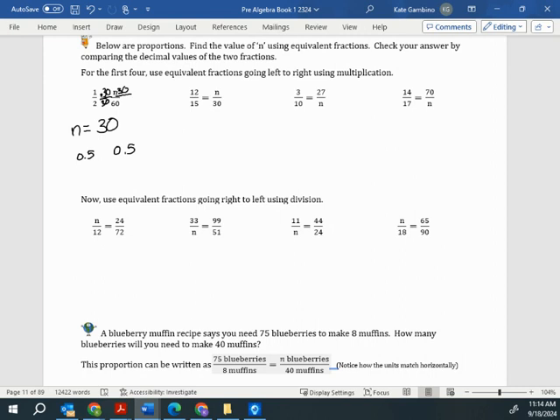It is crazy numbers that we cannot figure out going from the left to the right. Here's what you do. You go backwards. So if we were multiplying going this direction, what are we going to do if we go backwards? What's the opposite of multiplying, Camilla? Dividing. What is 70 divided by 14?